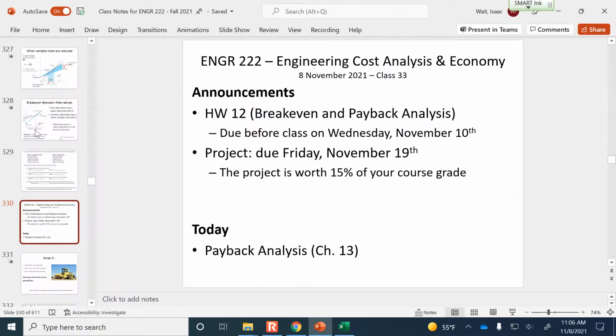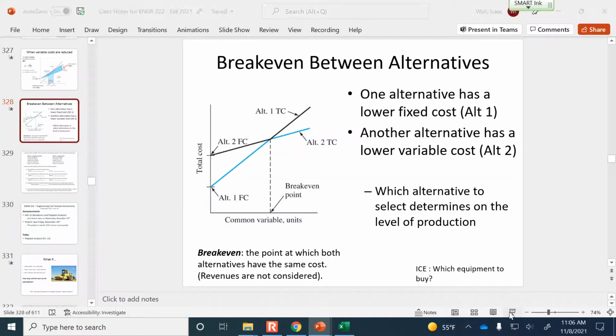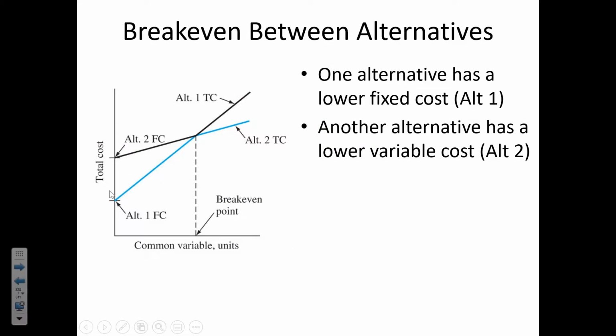And if we go back to visually what that looks like, there was this slide that shows us the equipment that's cheaper to purchase initially, but this line is steep because it's the option that has a higher cost per unit of operation.